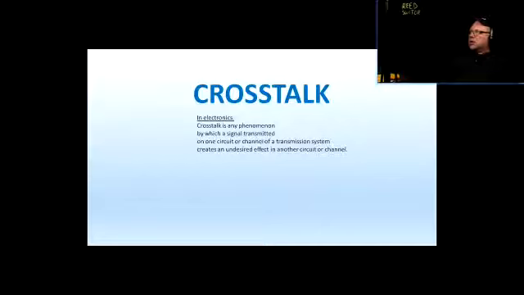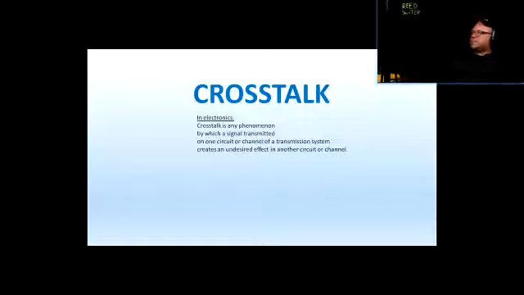All right. Let's talk about crosstalk. In electronics, crosstalk is any phenomenon by which a signal transmitted on one circuit or channel of a transmission system creates an undesired effect in another circuit or channel. So it's a bad thing.